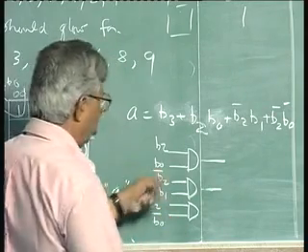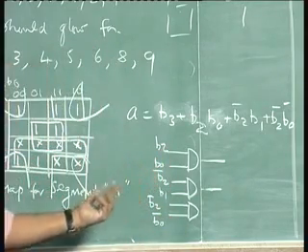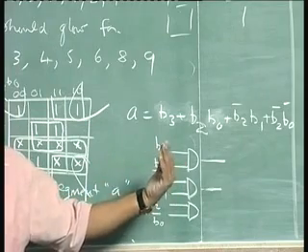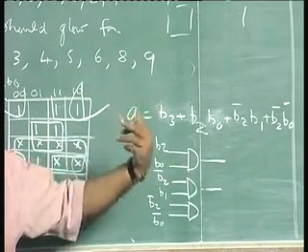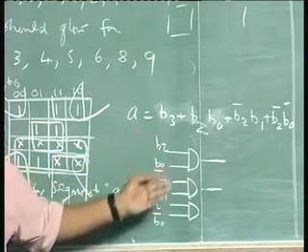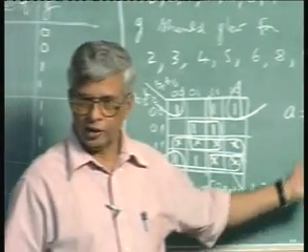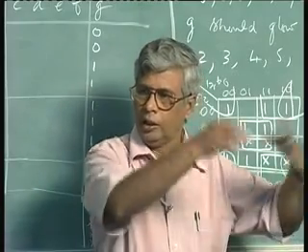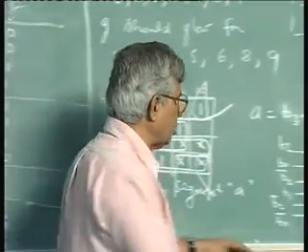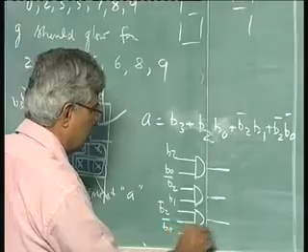I'm assuming B0, B1, B2, B3 have been inverted already, because all of these segments will require B0, B1, B2, B3 and B0 bar, B1 bar, B2 bar, B3 bar. You don't have to show inverters every time. Inverters can be assumed to have been done once in the beginning to cater to all the segments. And the last one is B3.